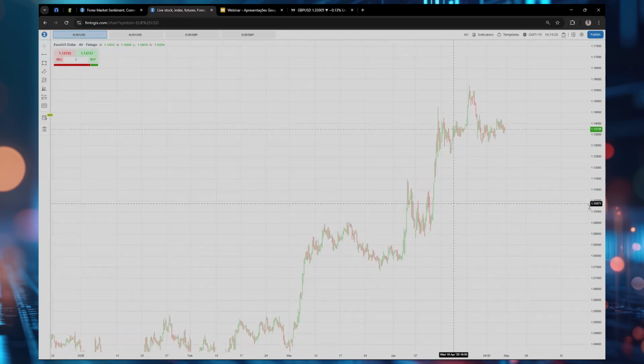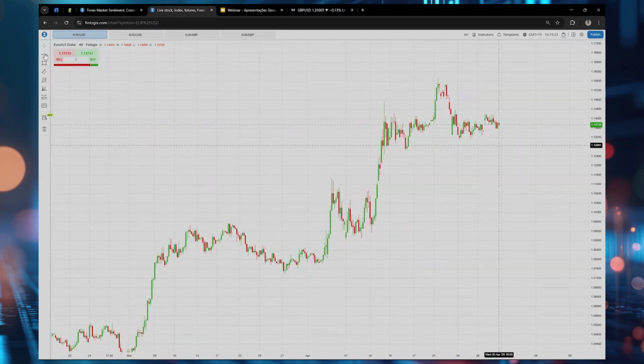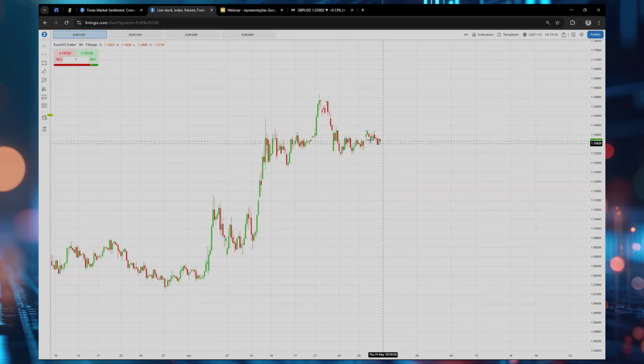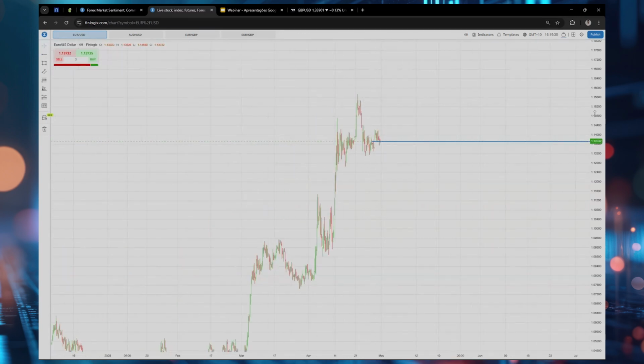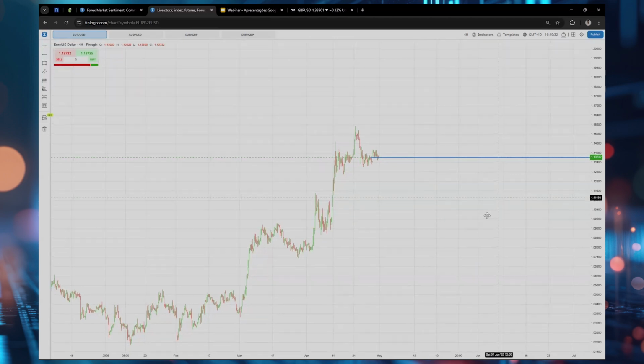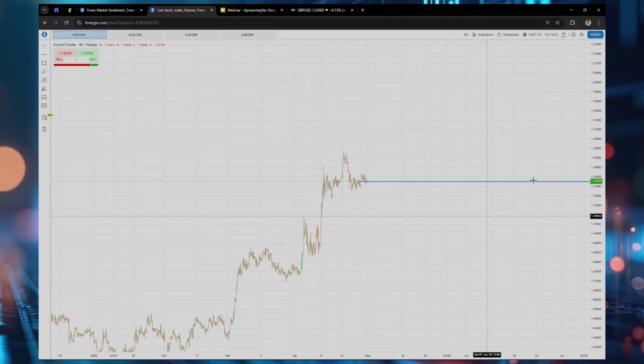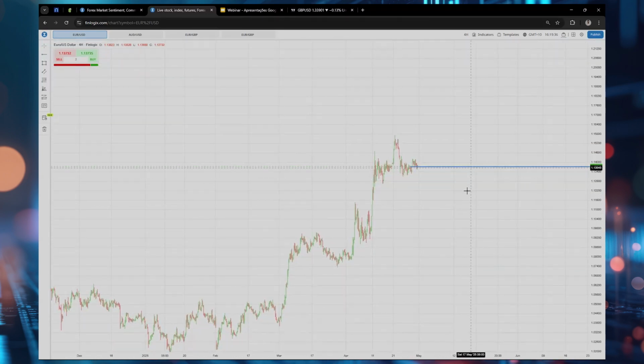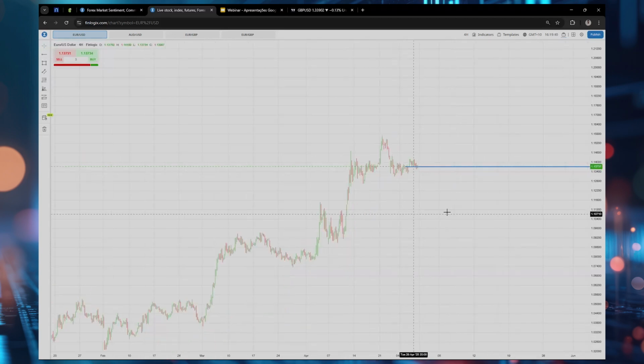If I'm not wrong, I saw some banks talking about longing euro dollar. I believe that, as I said last Tuesday or last Wednesday, I was looking for a pullback. We sort of got this pullback.